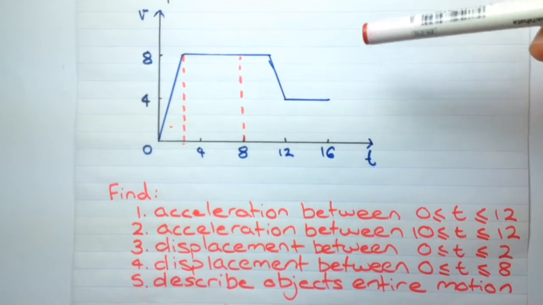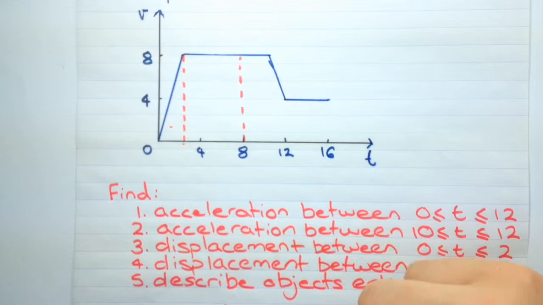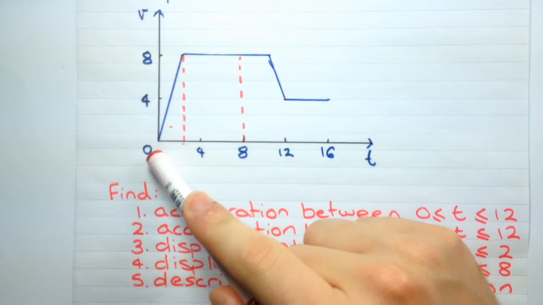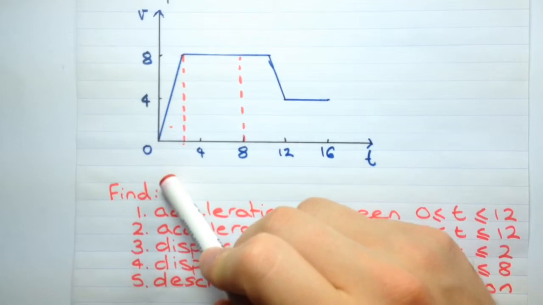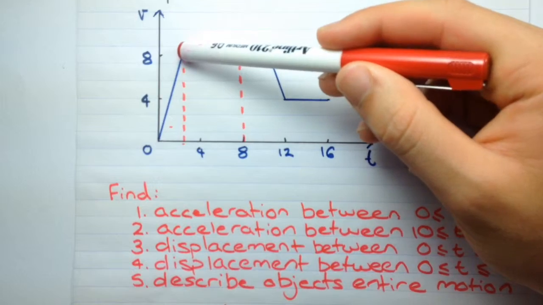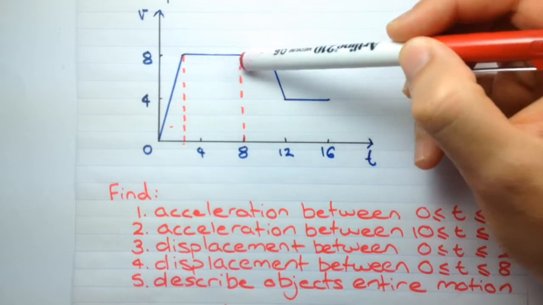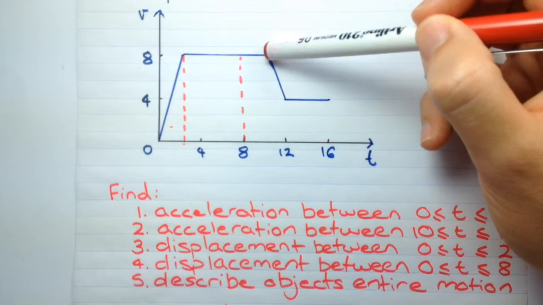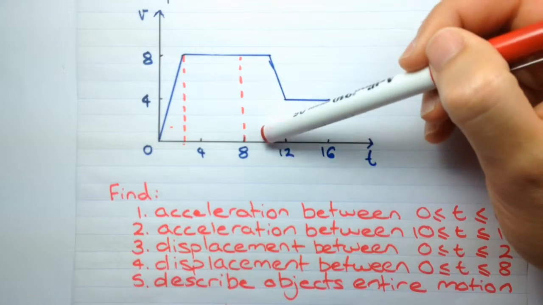What you'd say is possibly the body starts at rest because the velocity starts at 0. That's always a nice way to start. Velocity starts at 0 and accelerates to 8 units per second in 2 seconds. It then maintains a constant velocity for the next 8 seconds.